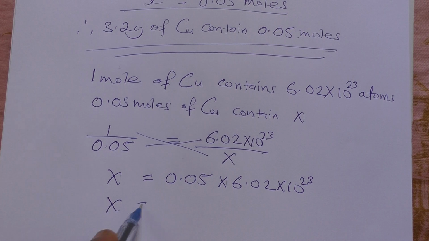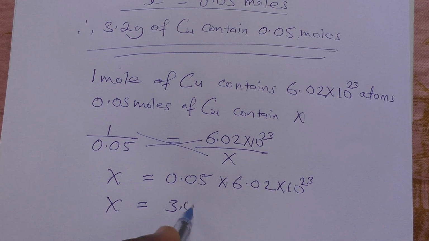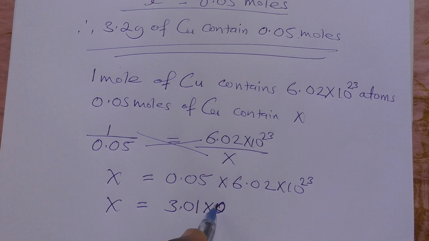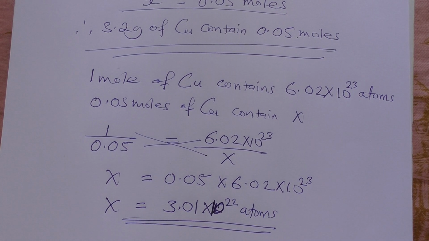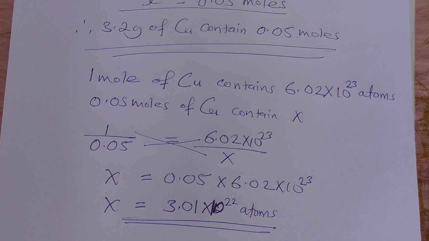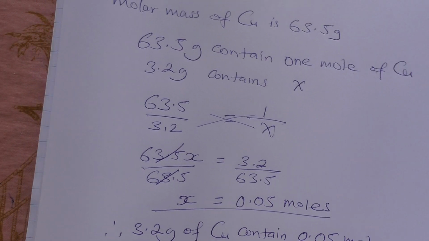So that gives us 3.01 exponent 22 atoms. So that means that there are 3.01 exponent 22 atoms in 3.2 grams or in 0.05 moles of copper. That is how we shall answer such a question. That has been number 2.